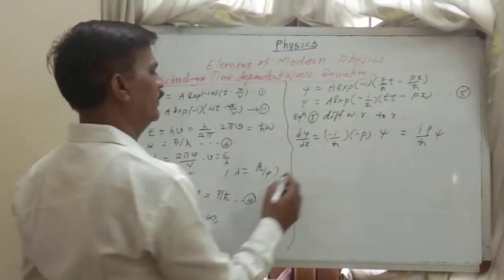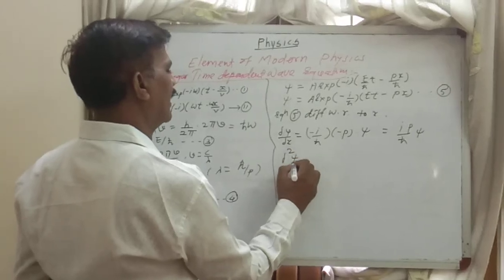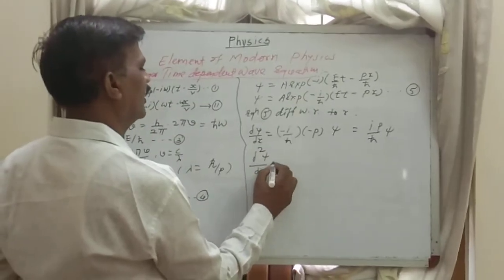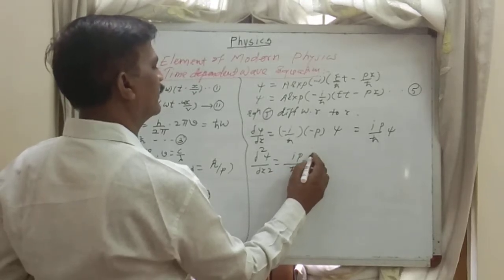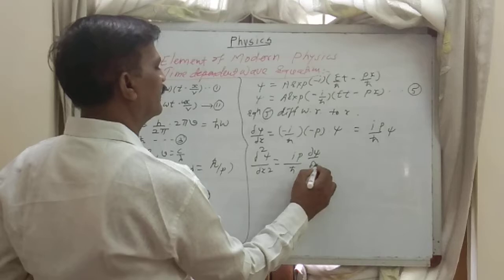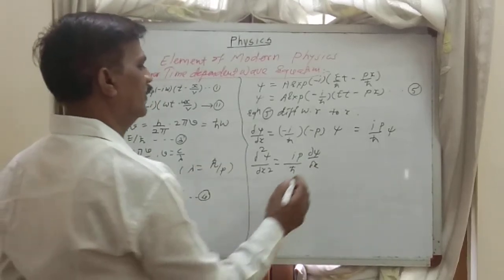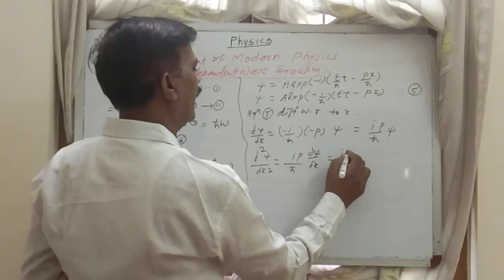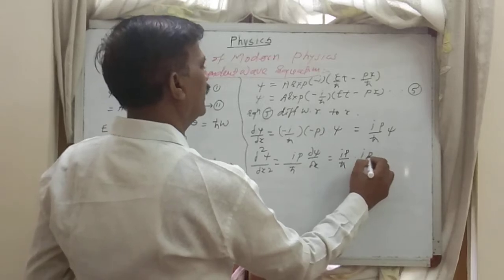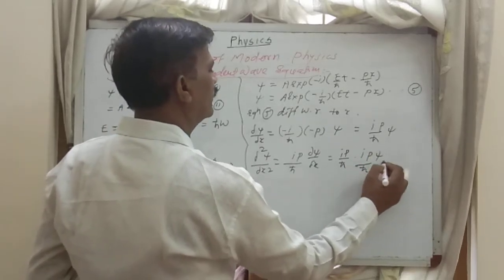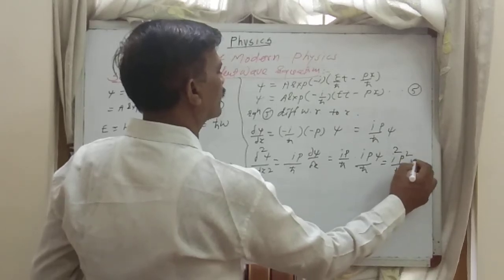Again differentiating with respect to x, we get del square psi by del x square equals i p by h cross del psi by del x. Putting the value of del psi by del x, we get i square p square by h cross square psi.